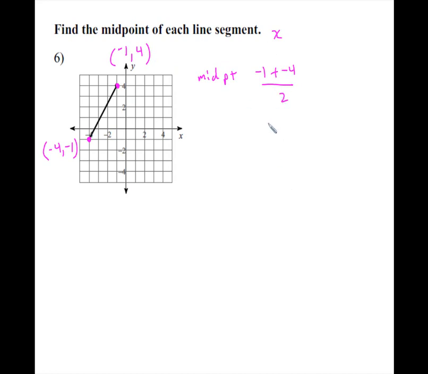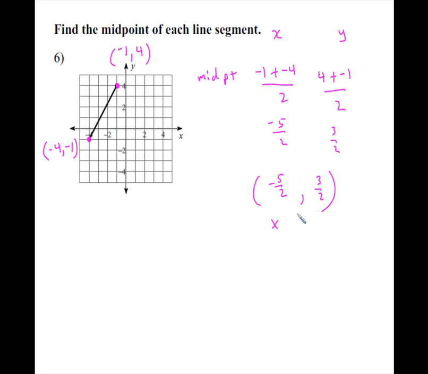Let's work that out real quick. That's -5 over 2, so the x value of my midpoint is -5 over 2. Now I want to find the y value. I take the y's and add them up, so 4 plus -1 divided by 2. So I end up with 3 over 2.